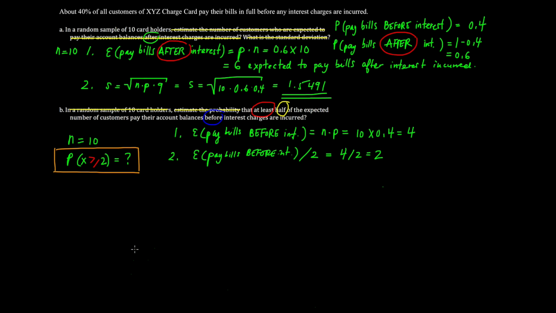Erase this. And I know that because anytime you have a probability of x greater than or equal to something, what I'm trying to cue you into is this: whenever you have a sample size with 2 outcomes, right away you know that it's binomial, especially when they ask you for the probability of a given number, x, being greater than or equal to a certain amount within a given sample size.